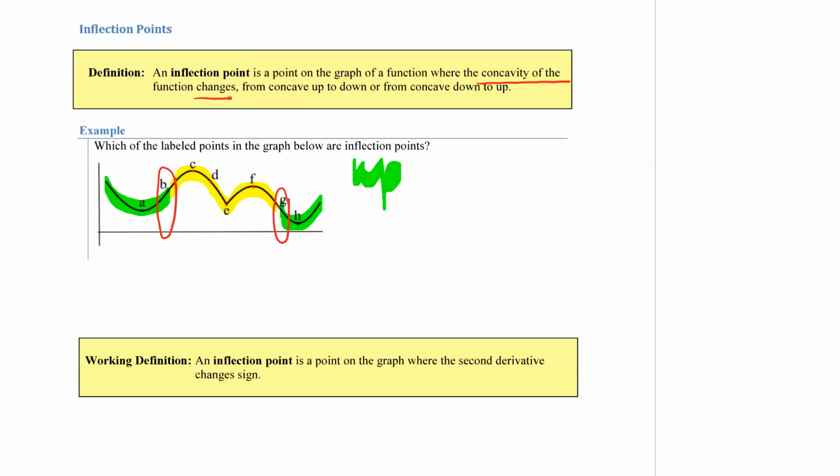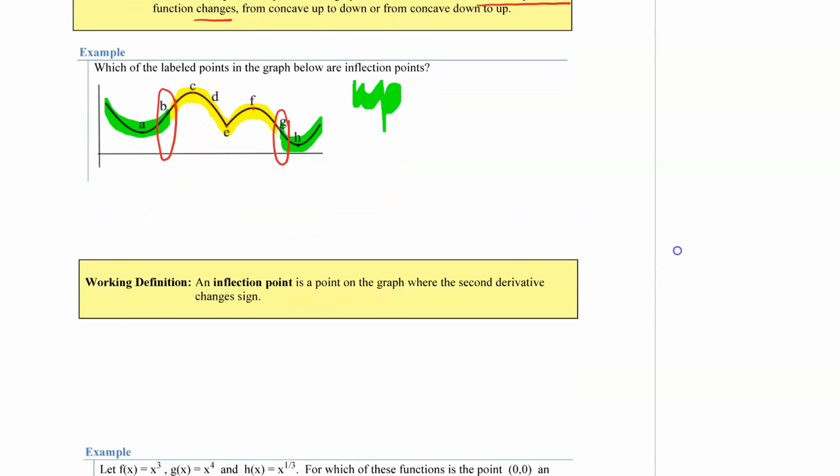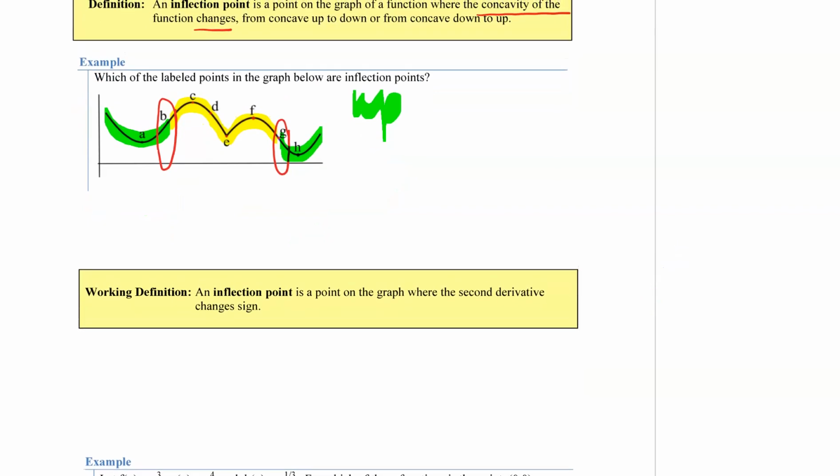A more working definition would be an inflection point is a point on the graph where the second derivative sign changes, because we're not always given all those different curves. We just look at it and pick out two letters. So in order to find the inflection points, or where the second derivative sign changes, here's what we're going to do. Let me write this down for you.